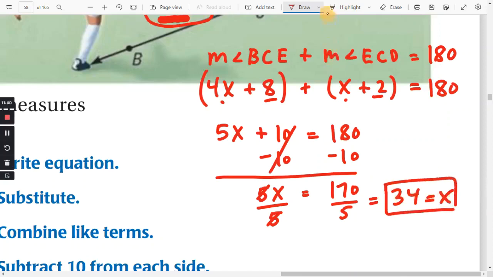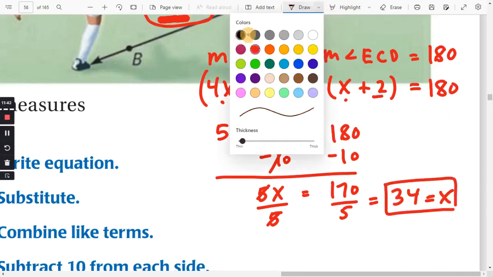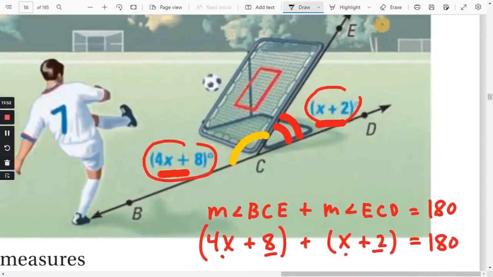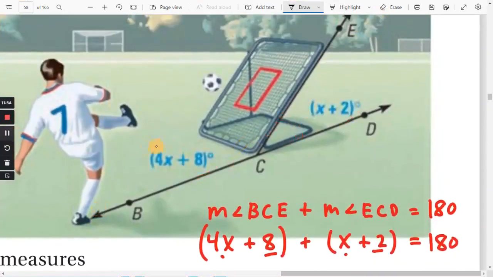Now, that's not quite what they asked. They wanted the actual measurements. So we have to plug in 34. All right, so putting the 34 right in here. That's going to be 4 times 34.